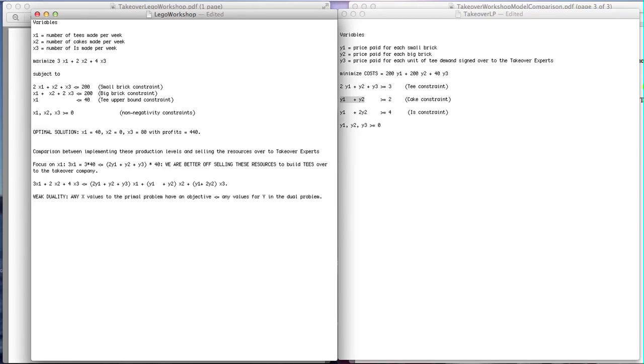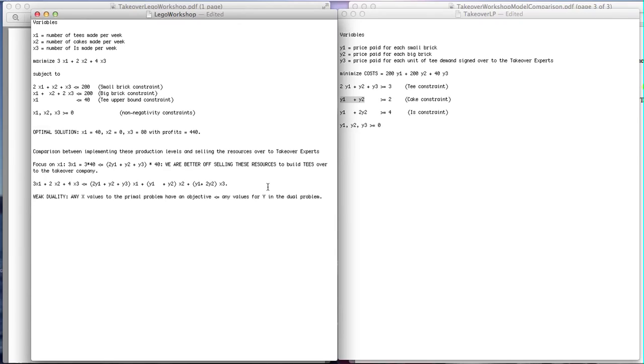What is nice about this is that it gives us a natural lower bound and upper bound on the objective function. If the workshop problem has an optimal profit level of 440, the takeover is going to require at least $440. And we can use this in comparing these solutions.